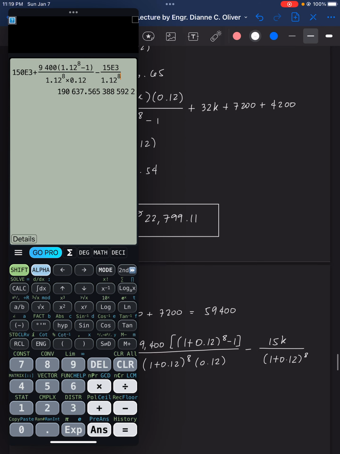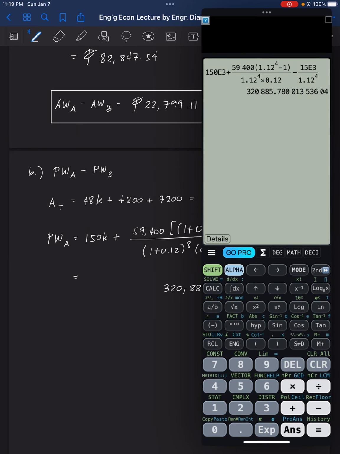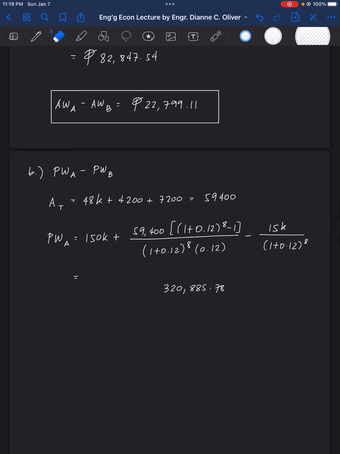It's only 4 years. So that will be 320,885.78 pesos.